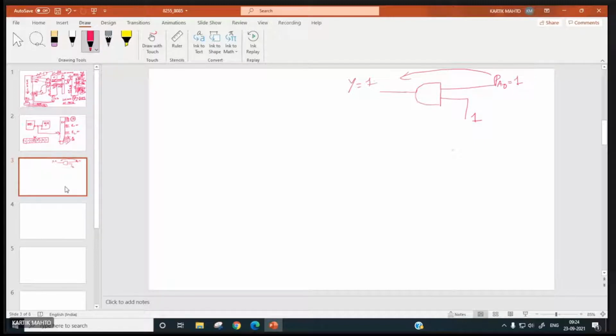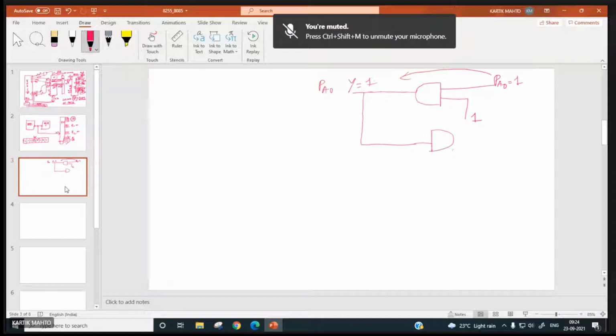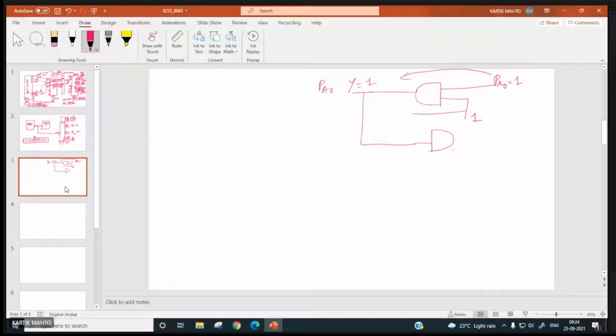Now, if you want to make, so this is PA0, right? If you want to make it like this. Now, if this is 0, what will happen?